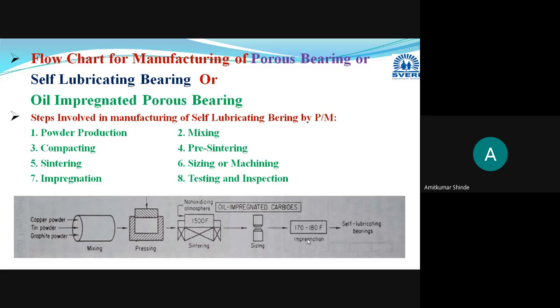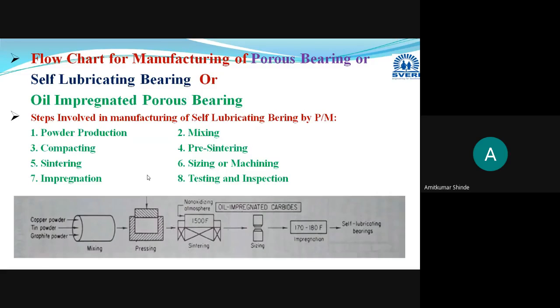In GATE 2011 they asked a question related to this impregnation process, and in 2012 a question related to the applications of powder metallurgy. They provided one component's name. I can tell you that question while you are drawing that diagram.